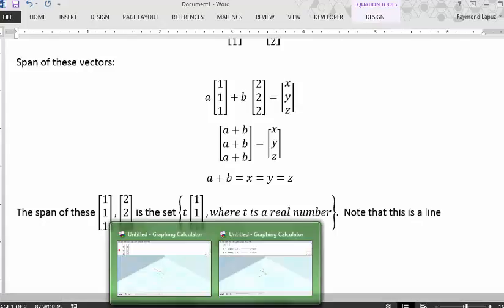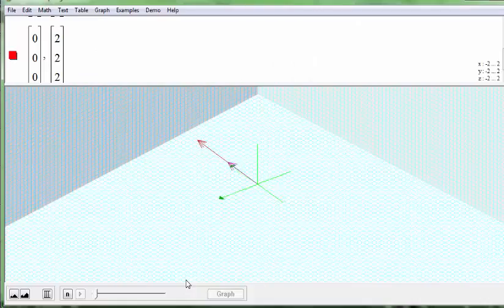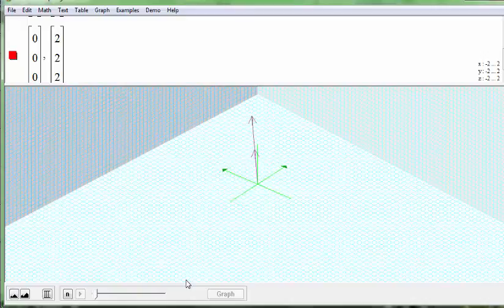So the idea of looking at this as an example is to look at how this would look visually, because this is something that we can still visualize. So these are the two vectors, and if we were to add them together, it would just simply span that line.